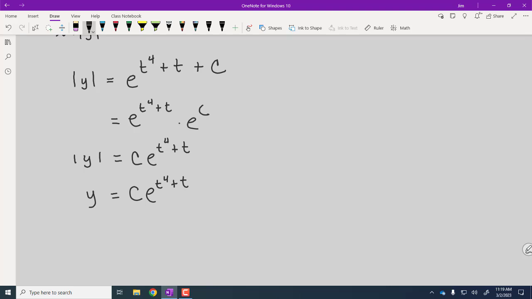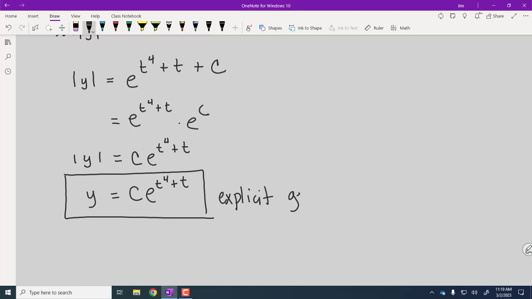But that's okay. We never look back. This constant will now work for this equation. This is the explicit general solution. It's explicit because we solved for y, and it's general because we have the c. Usually they're going to ask you for the explicit general if you can do it. Sometimes you can't isolate y, but most of the time you can.